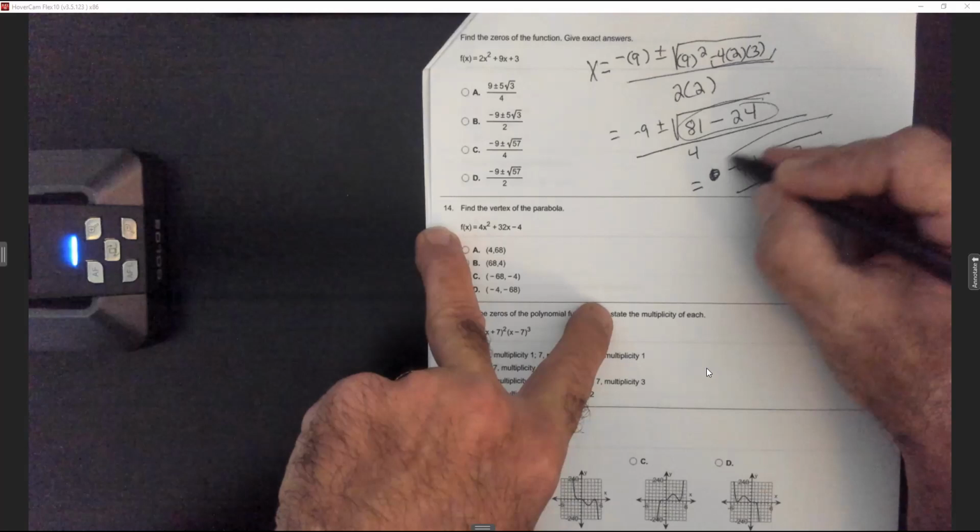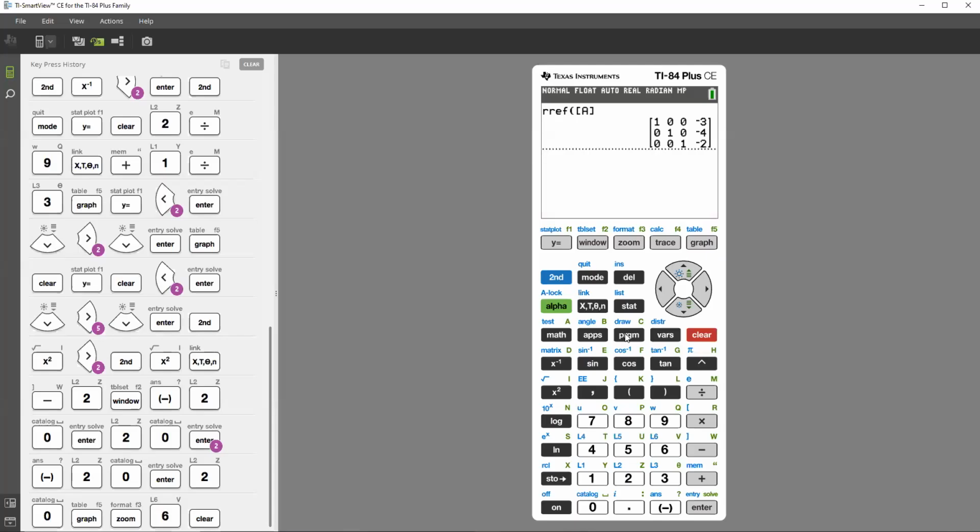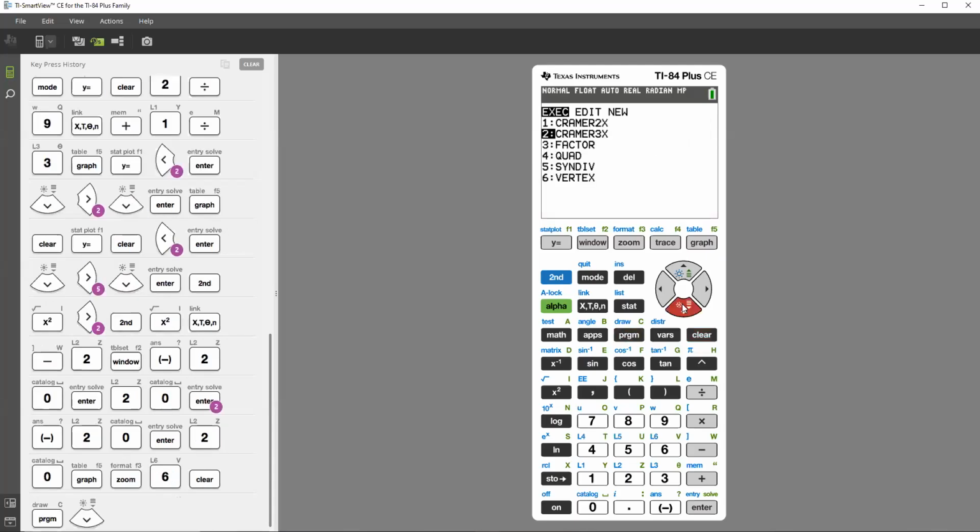All righty, so I'll show you real quick on my calculator. So clear that. So program, go down to quad, enter on it, enter again to get it going. Oh, did I hit the wrong one?